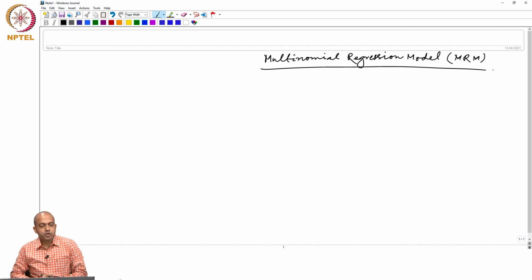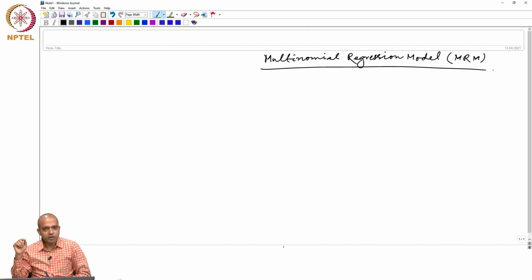We said that in the multinomial regression model, your dependent variable assumes more than two values. That means it is a polychotomous choice variable, instead of the bivariate situation which we discussed earlier in the context of the logit and probit models.